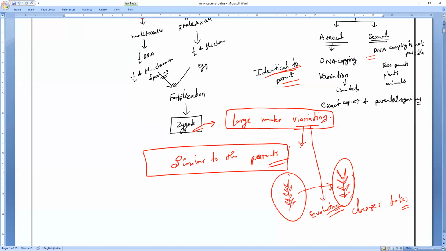So if you take this heredity chapter, you can notice how we are getting it. If anybody gets a girl baby or boy baby, they'll say, hey, this boy looks like the mother, this boy looks like the father, his hair looks like the mother's hair, his hair looks like the grandfather's. We are all talking about how it is happening.